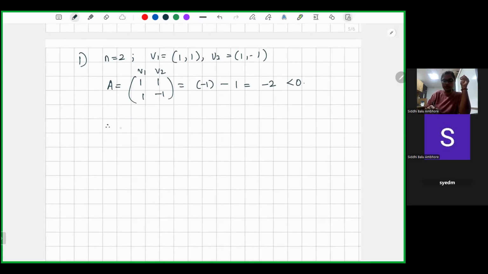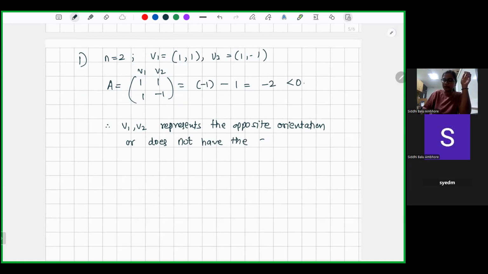So hence, this v1, v2 represents the opposite orientation, or does not have the standard orientation.